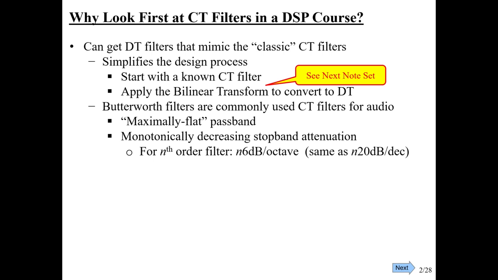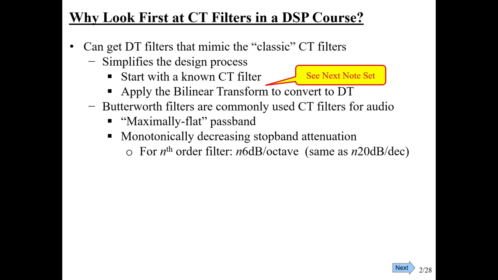Okay, so there are other filter classes. So Chebyshev, another name of somebody who didn't really design filters but worked out mathematics, and then somebody used that math to design filters. So they're called Chebyshev filters. There's two types of those, and you can check those out.